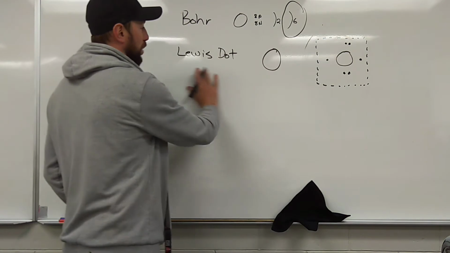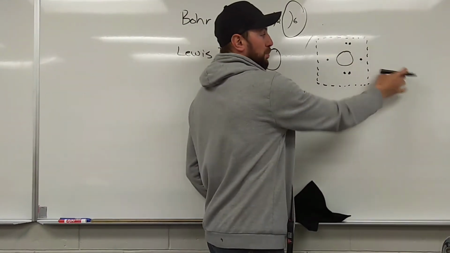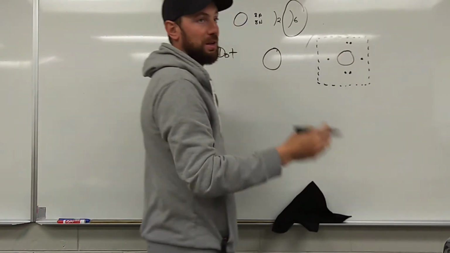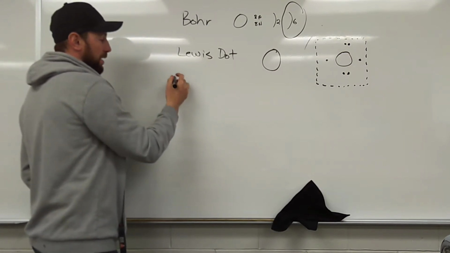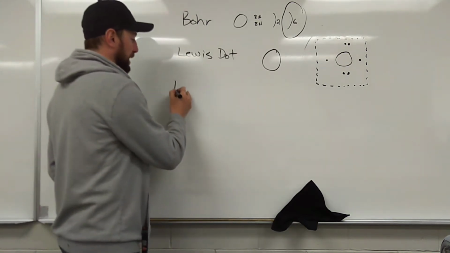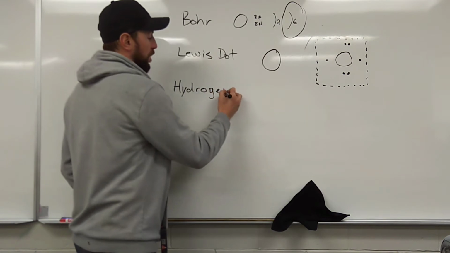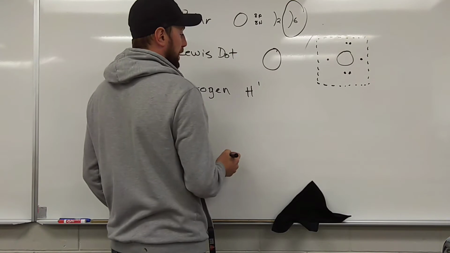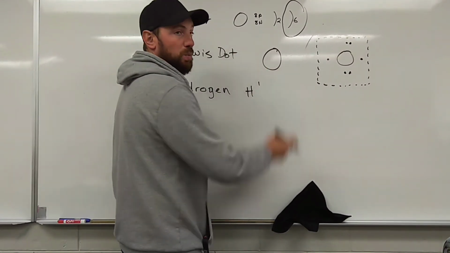When we start to draw these Lewis dot diagrams and show bonding between pairs, it shows the relationship between the valence electrons. So if we take hydrogen, for example, hydrogen is a non-metal. Its atomic number is 1. So H1. That means there's 1 proton, which means there's 1 electron.